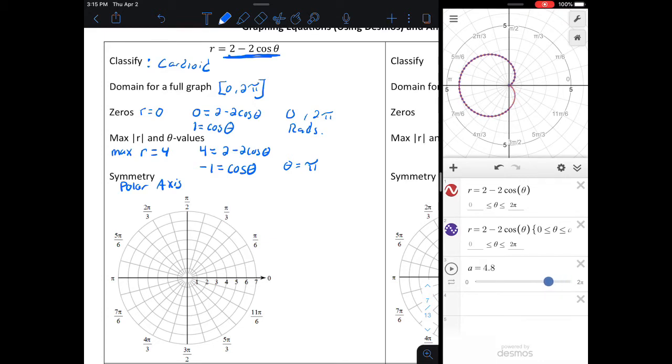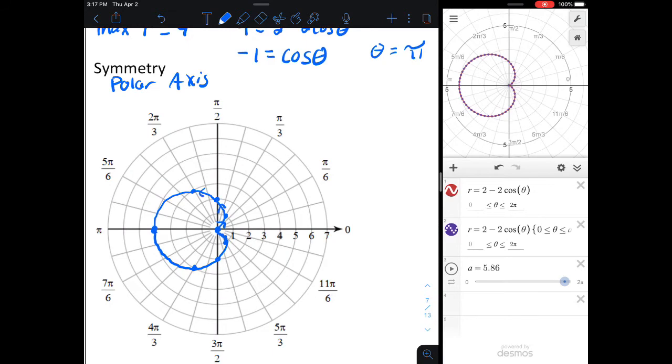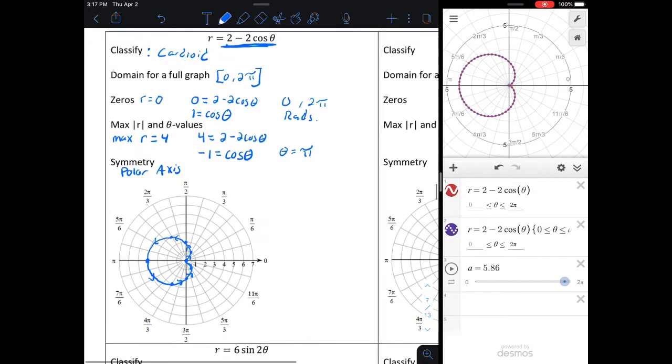And in fact, if your domain was too big, you could see when or how to shrink your domain down to make one full graph here. Okay, so I'm going to go ahead and plot this on my curve on the graph, and then we'll be all done with this problem. And we have a sketch and a pretty basic analysis for this particular polar curve.